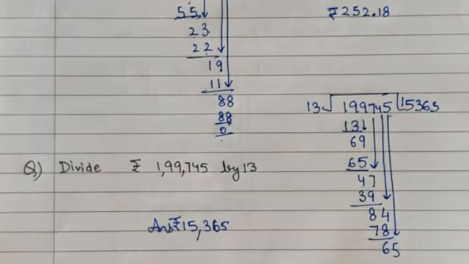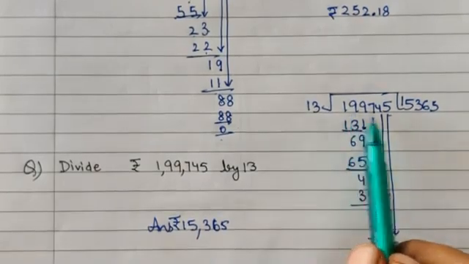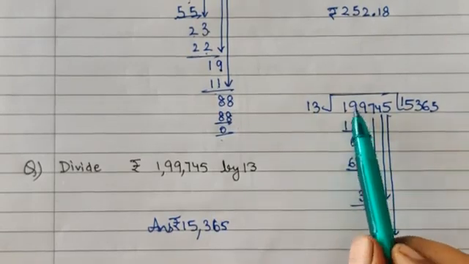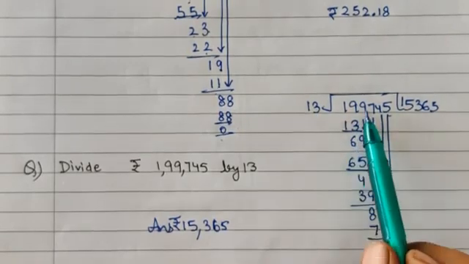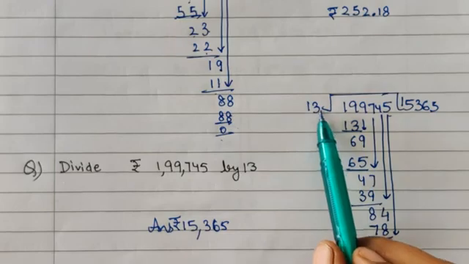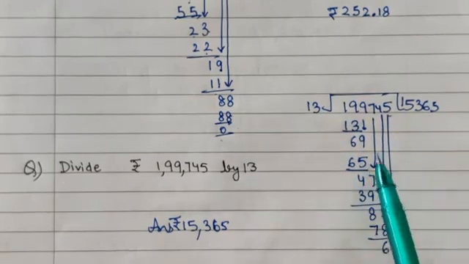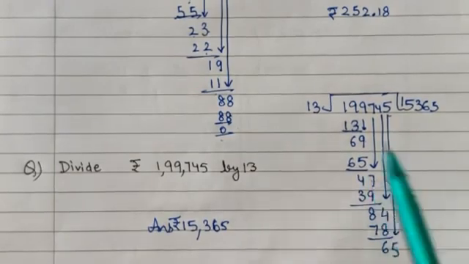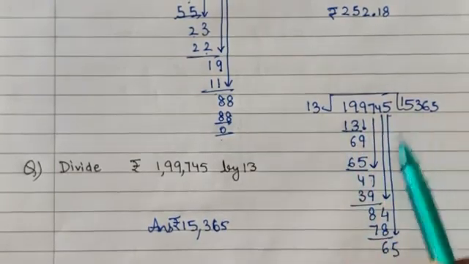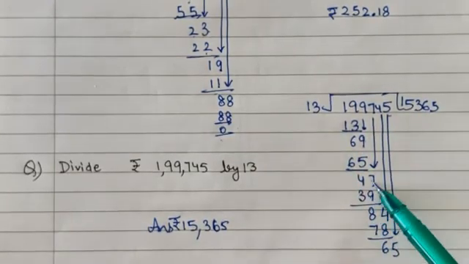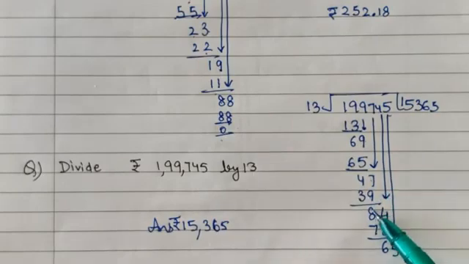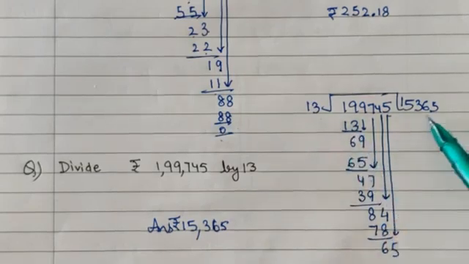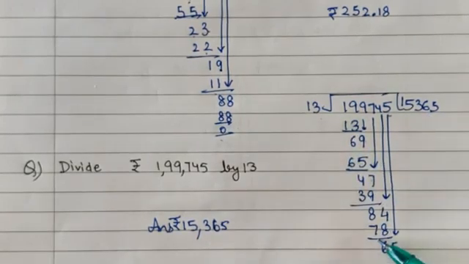In the next question we have to divide now 1,99,745 by 13. This is without decimal. 13 into 1, 13. 19 minus 13, 6. 9 comes down. 13 into 5, 65. 69 minus 65, 4. 7 comes down. 13 into 3, 39. Then 47 minus 39 is 8. 4 comes down. 13 into 6, 78.